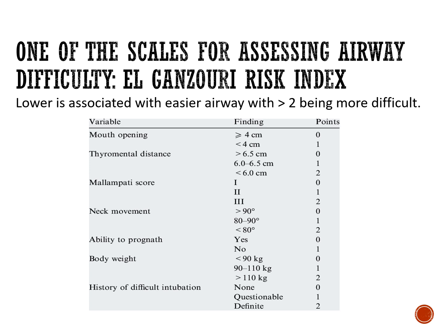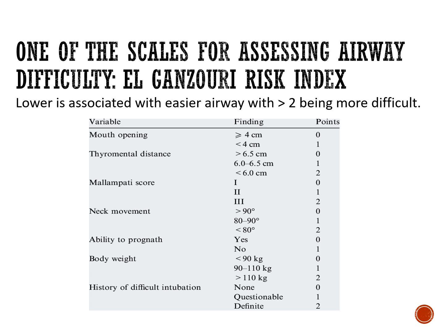So one of these scales is known as the Gangori Risk Index Scale. And it was actually named after the founder of it, who is a prominent, if you will, anesthesiologist in the country of Italy. And he and his colleagues took a look at these various factors that are associated with a difficult airway.